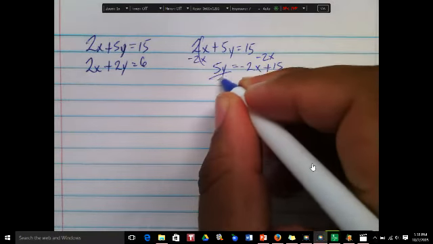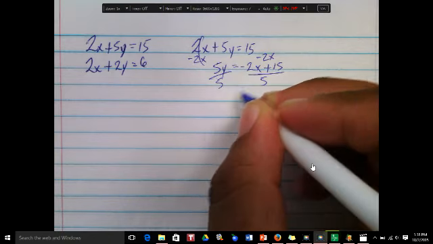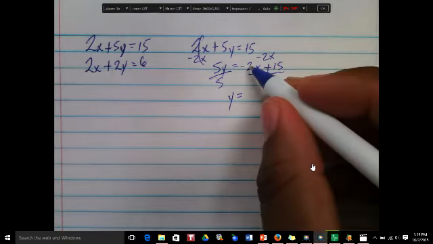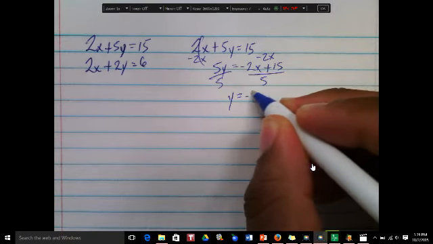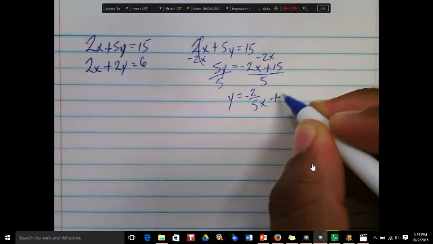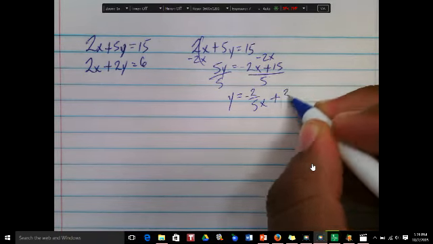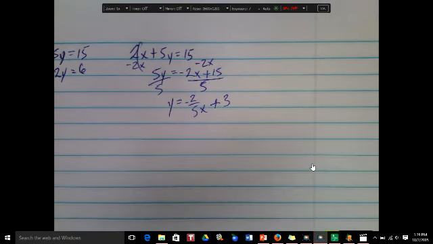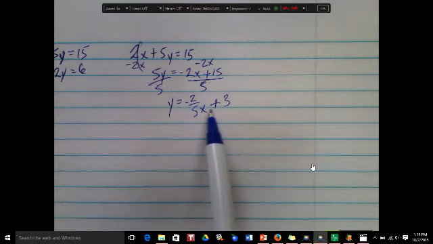We're going to divide each side by 5. That's going to leave us with y equals negative 2/5 x plus 3, right? Okay. That's in slope-intercept form, correct? Because we've got our y equals mx plus b.